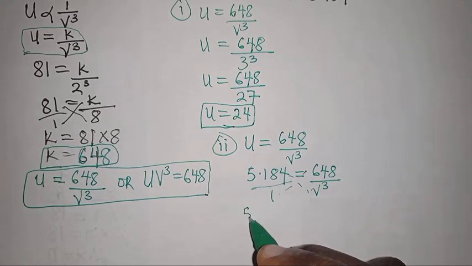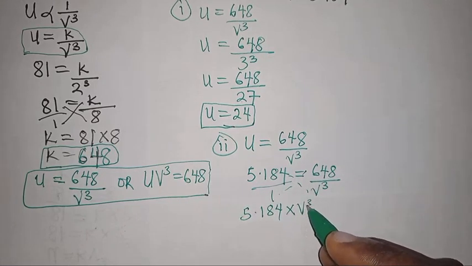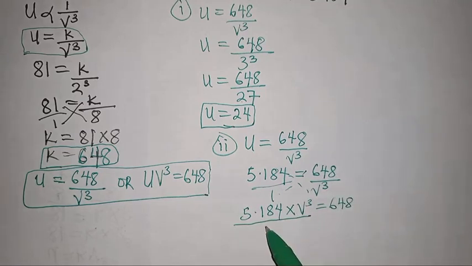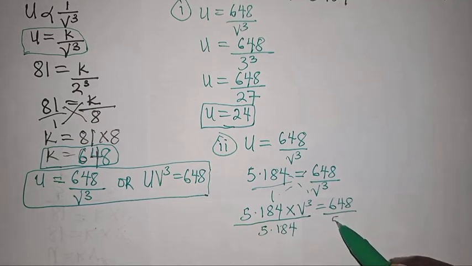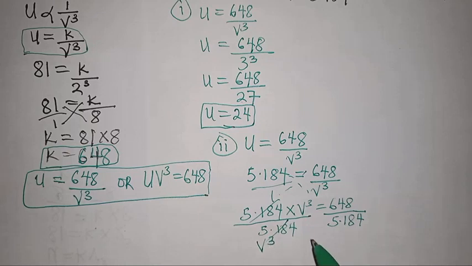So we're going to get 5.184 times v cubed equals 648. And I divide through by 5.184, so this goes off. I'm going to be left with v cubed equals 648 divided by 5.184, which is going to give us 125.